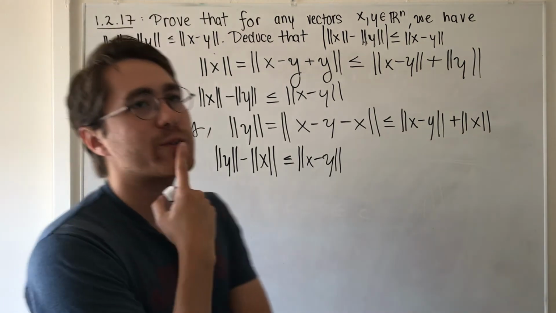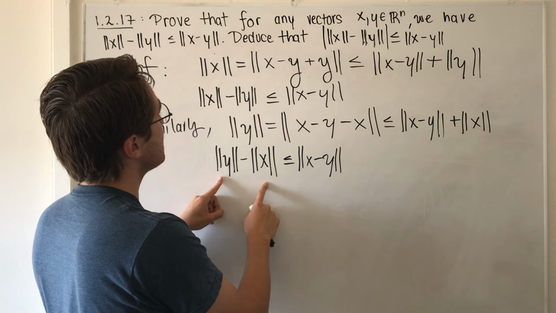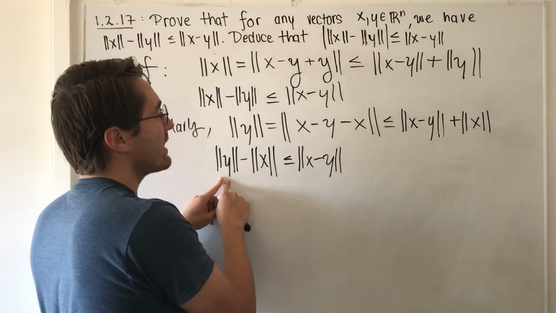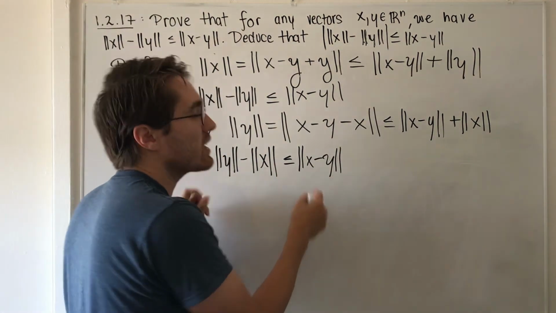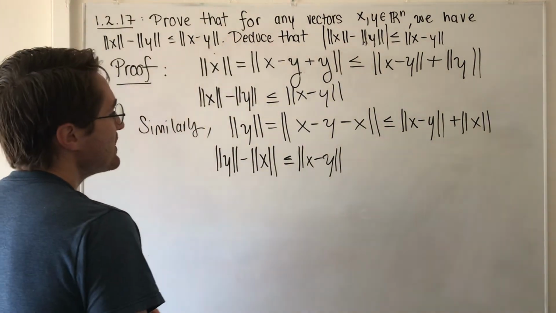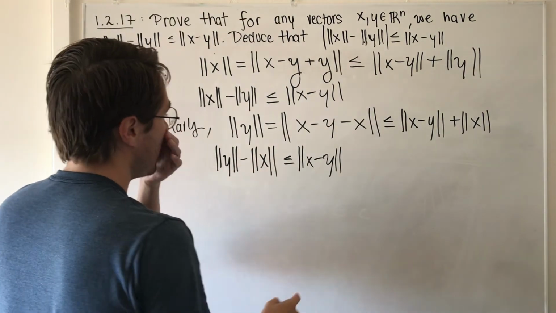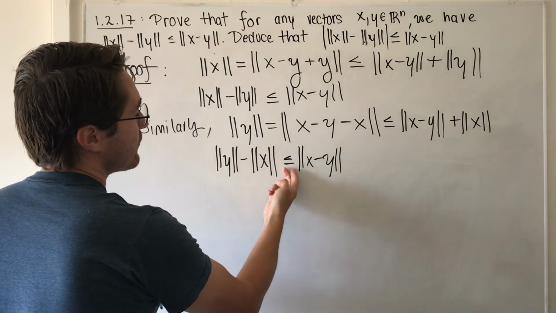Well, remember, what were we trying to get? We were trying to get not norm of y minus x, but norm of x minus y greater than or equal to the negative. But look, I'm already set up. I'm primed for that, because if I multiply the left-hand side by -1 and the right-hand side by -1, I have to flip the inequality.